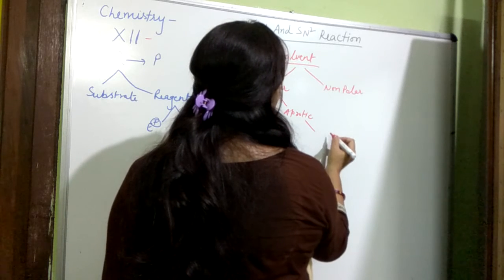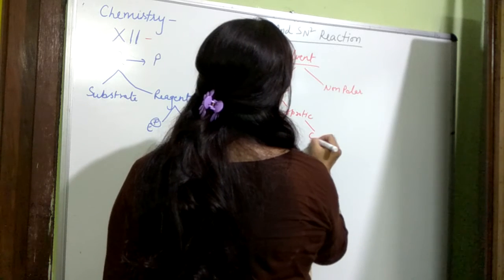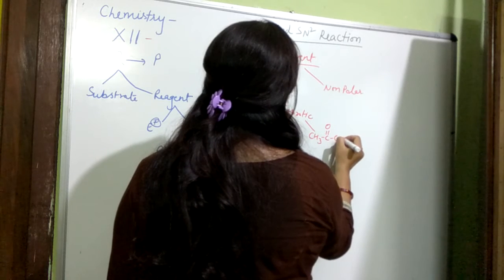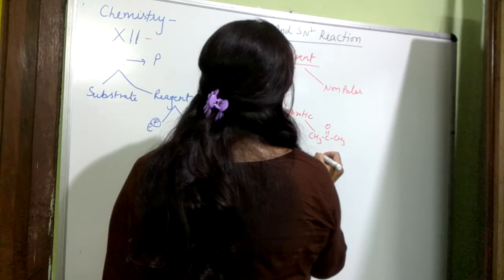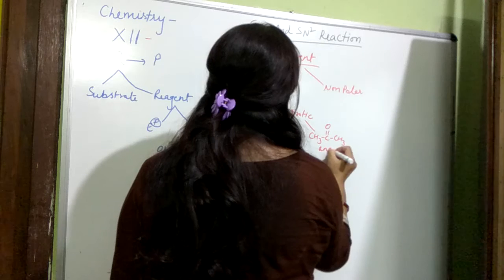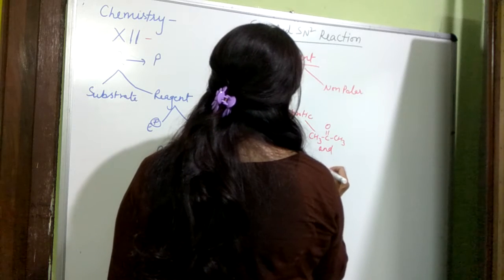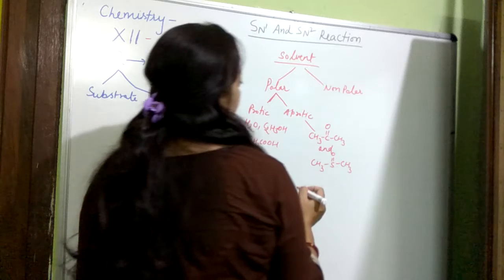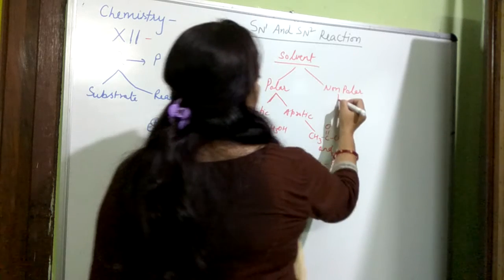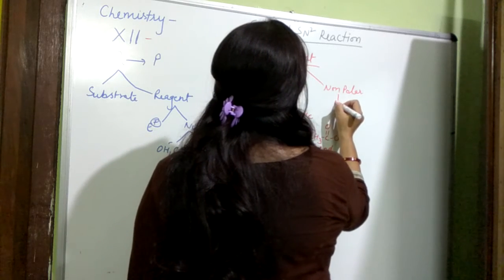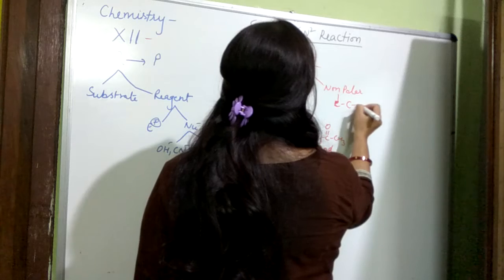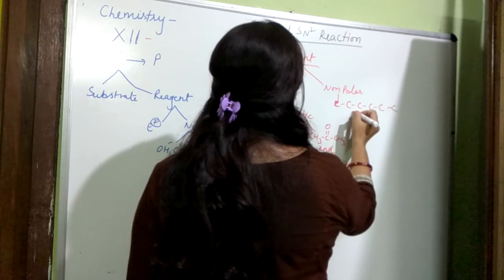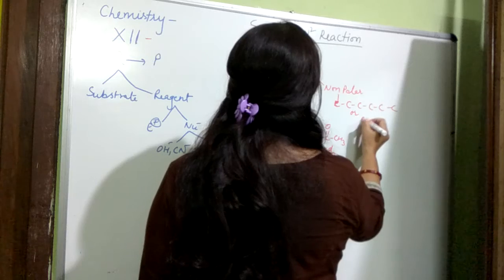Aprotic solvents do not release H ions, like CH3-C(=O)-CH3 or CH3-S(=O)-CH3, dimethyl sulfoxide, etc. Non-polar solvents may be hexane or cyclohexane.